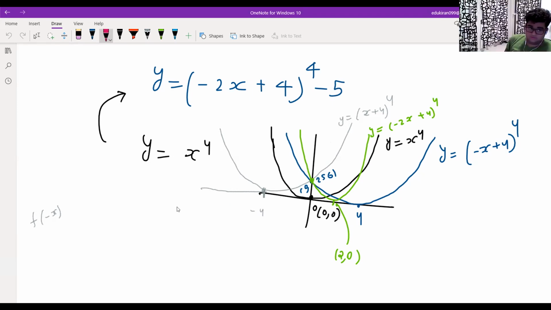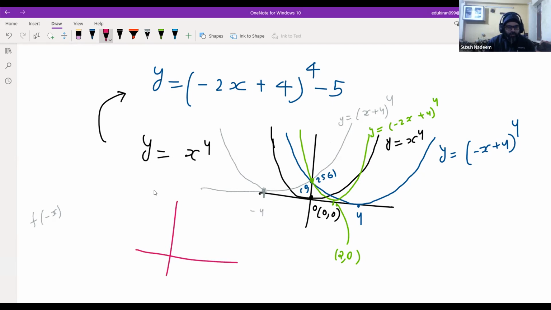When you shift downward, there is not much space, so I'm drawing it here. When it shifts downwards, the points will be: the point which was 2 comma 0 will be 2 comma 0 minus 5, which is minus 5.